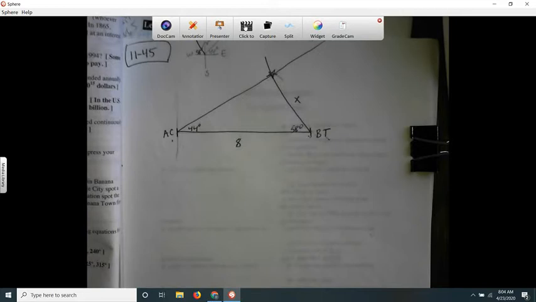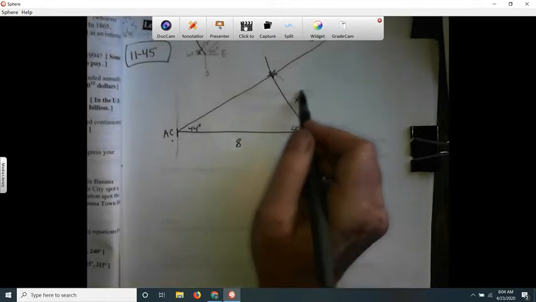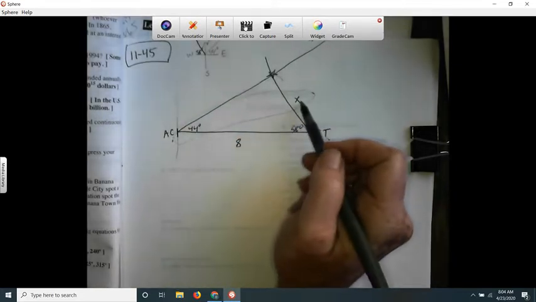We can't use SOHCAHTOA because there's no right angle. So I'm thinking law of sines or law of cosines. Law of sines is easier. If I have angle pairs, I can use law of sines. I have this angle pair, but I don't have a measurement for this.